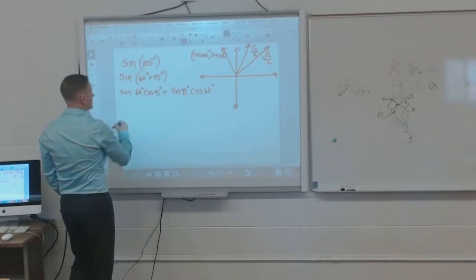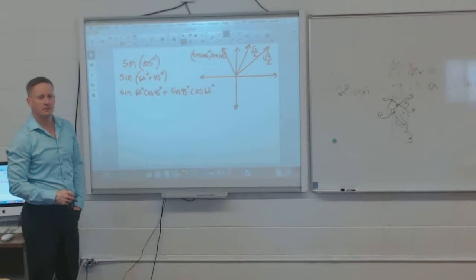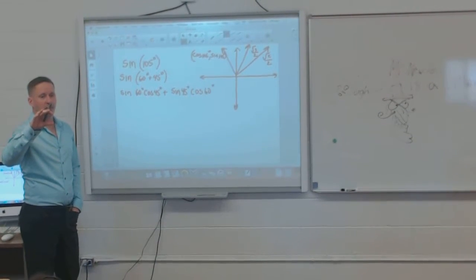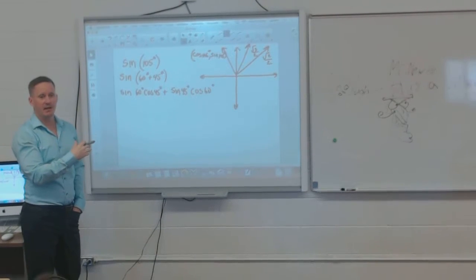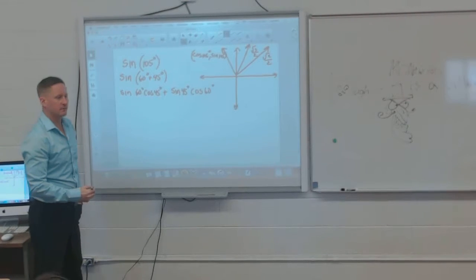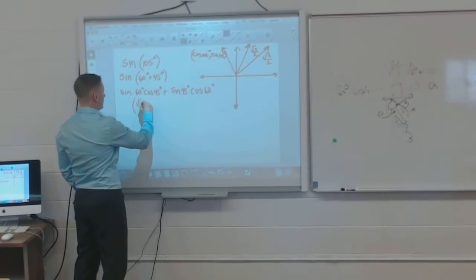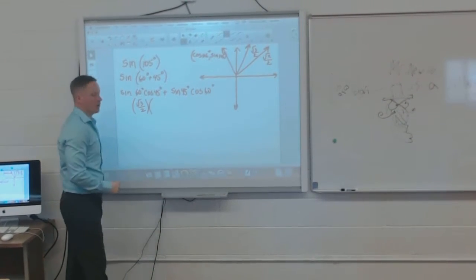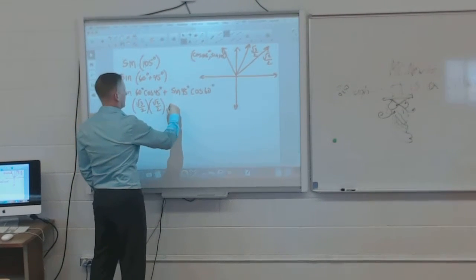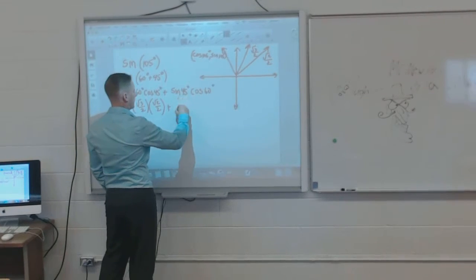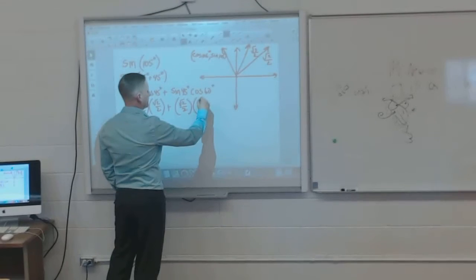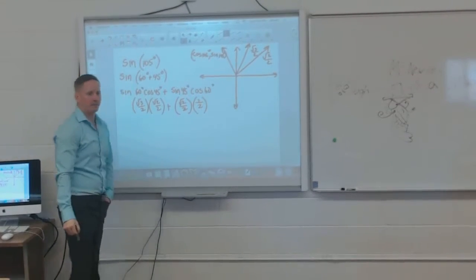All right, what is the sine of 60 degrees? This is what I mean. When we did all that unit circle work, this is what we needed it for. You have to be able to nail these. What's the sine of 60? Root 3 over 2. I just told you that. What's the cos of 45? Root 2 over 2. What's the sine of 45? And the cos of 60? 1/2.